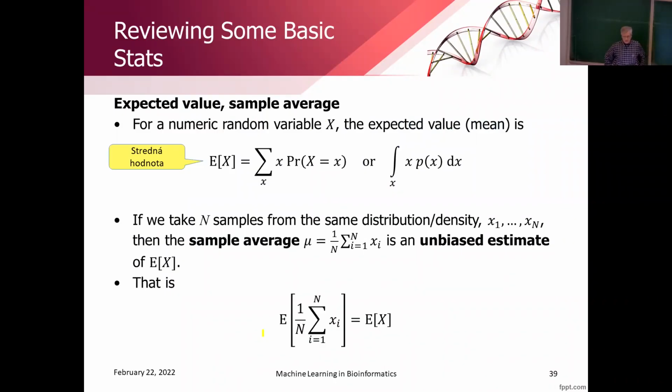Okay. Expected value. If we have some numeric random variable, then the expected value of the random variable is some value to which tend the values of the random variable. But the random variable need not be constant; it can change. So the expected value is defined, in the case of a discrete random variable, as the sum of the value x times the probability that the random variable capital X has the value lowercase x.